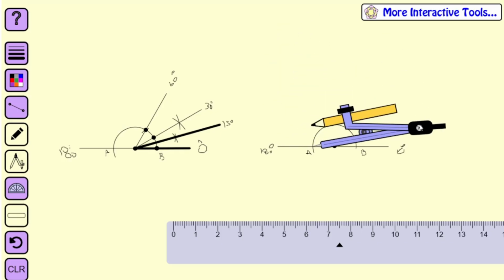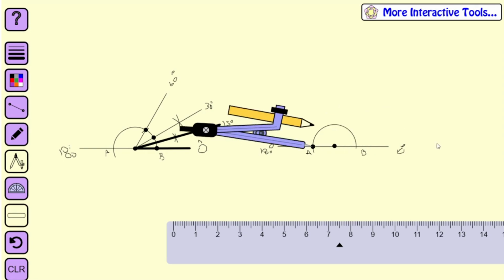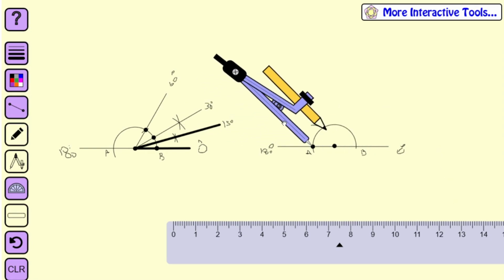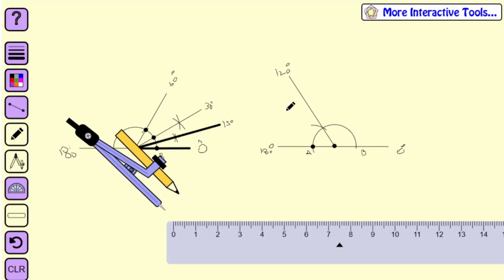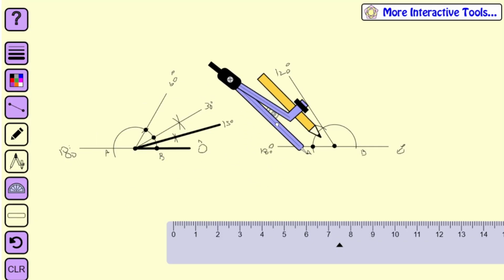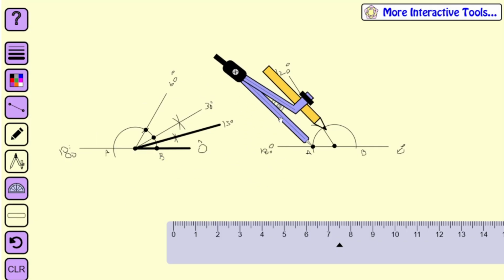Same radius as the semicircle is the same radius I used to cut this. Cut the semicircle. Wherever you cut the semicircle, this is going to be 120 degree. All right. And that is the opposite of 60. Now we want 150, which is the opposite of 30, and 165, which is the opposite of 15. So we first need to bisect.